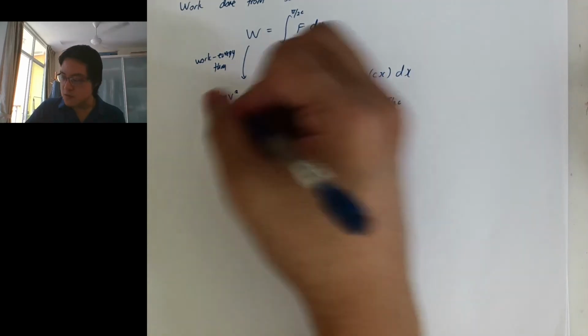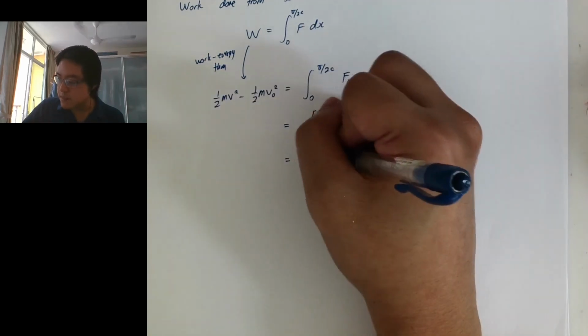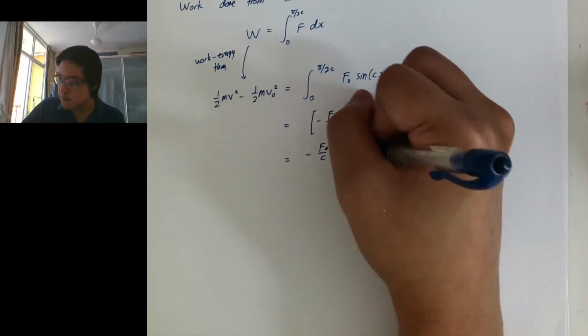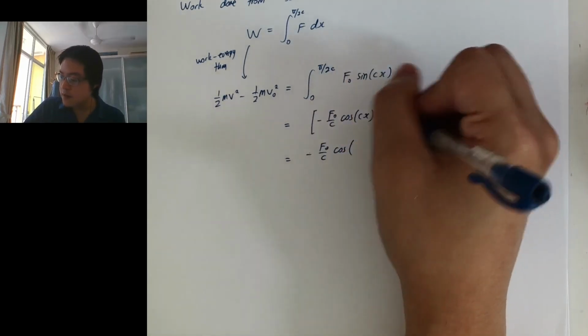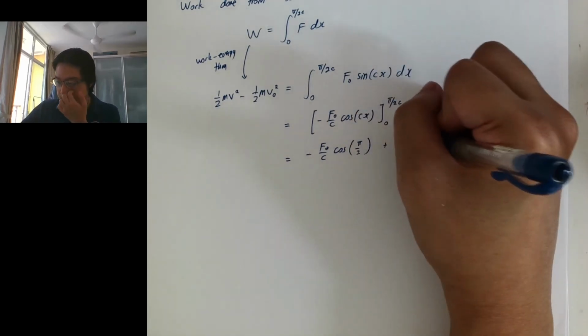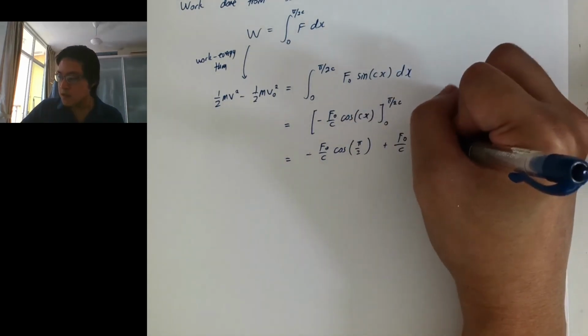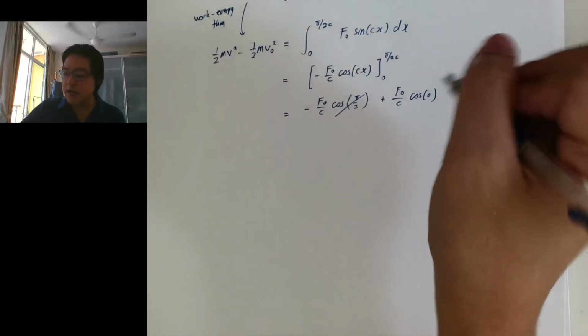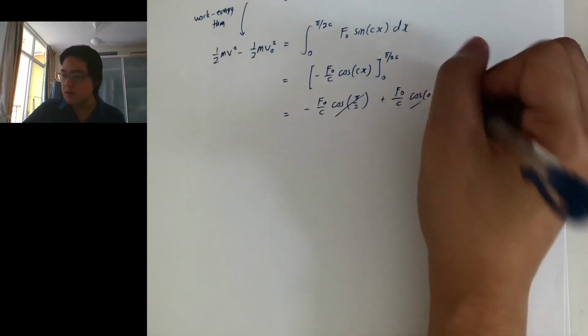So just need to calculate the difference. We plug this in: F over c cos c times pi over 2c, so it's just cos pi over 2, and then minus minus gets a plus, so F over c cos 0. So cos pi over 2 is 0, cos 0 is 1.